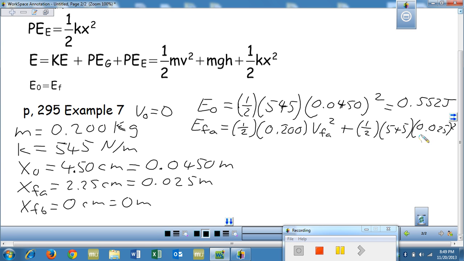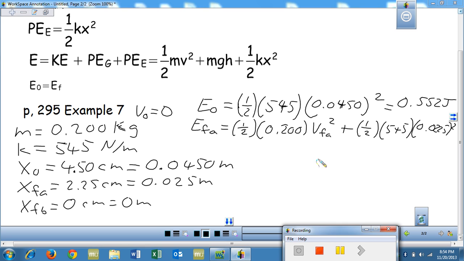So let's see. What do we got there? We're solving now for this V here. Okay, so I've done a little bit of calculation here, and let's see, maybe I'll grab a calculator just to be careful.